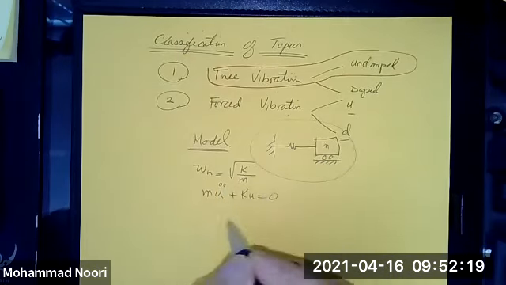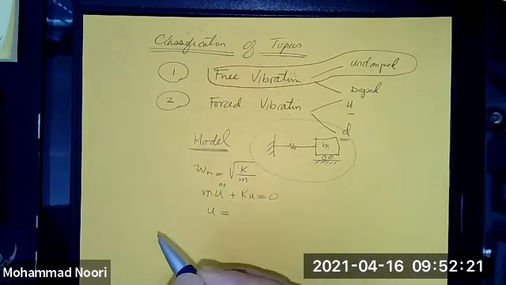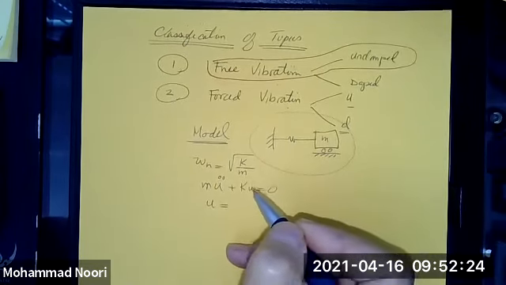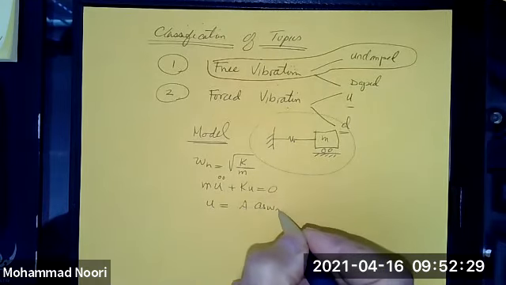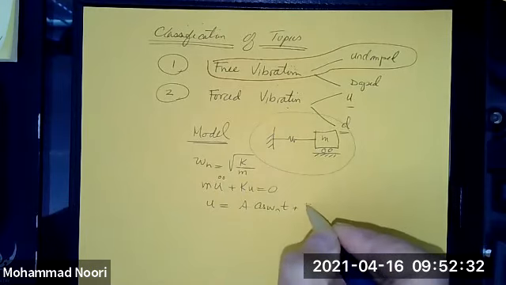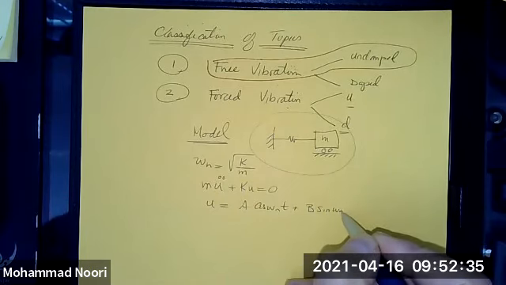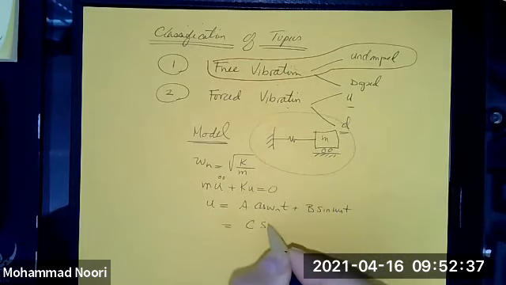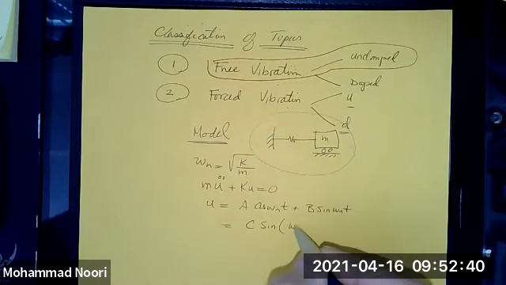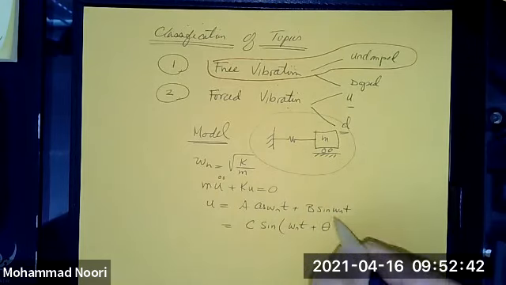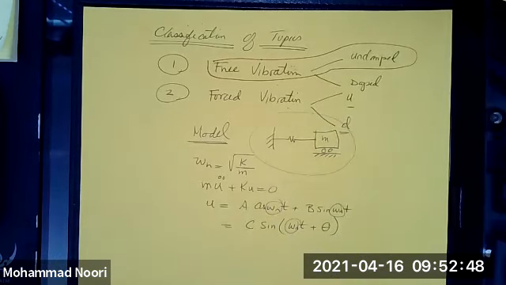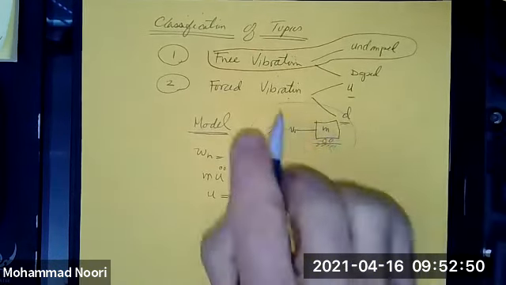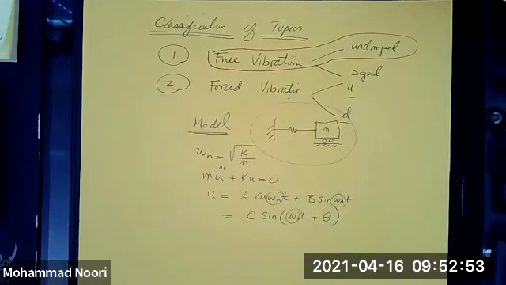And we demonstrated that the solution or the response of an undamped system is a sinusoidal function that you can write either like this or like this, where the frequency of this oscillatory motion is the natural frequency of the system. In fact, that's how we defined natural frequency, because this was the natural motion, natural vibration of an undamped system.